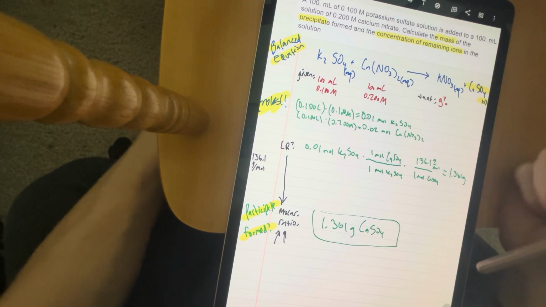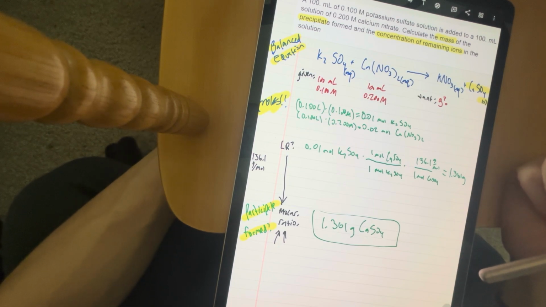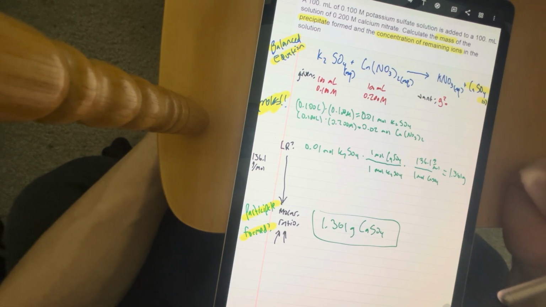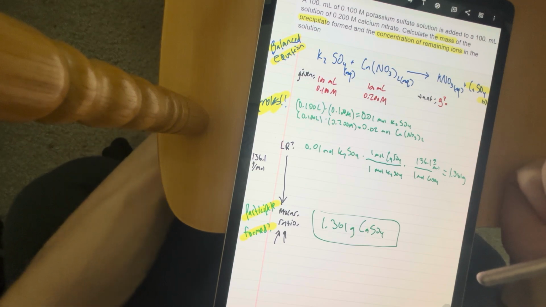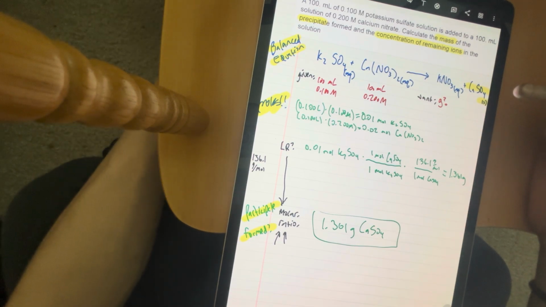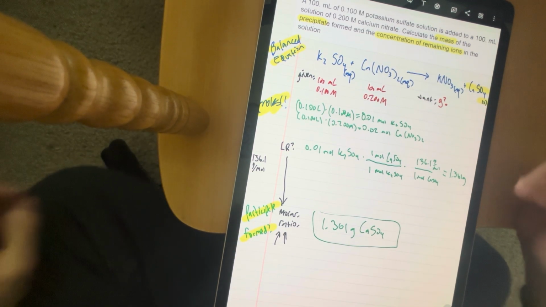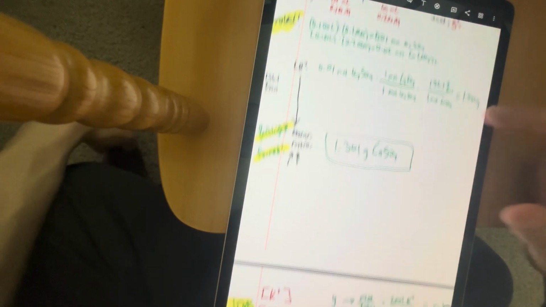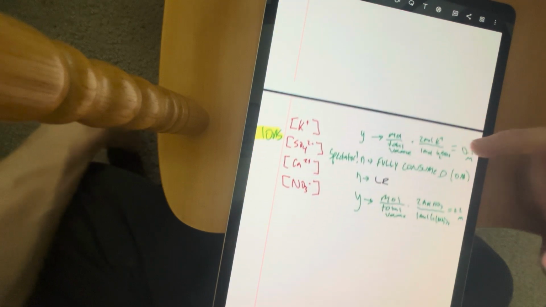If there is, that one's going to be fully used up, just by simple logic. Therefore, it's going to be 0 moles, 0 molarity. That's you logicking the 0 out.